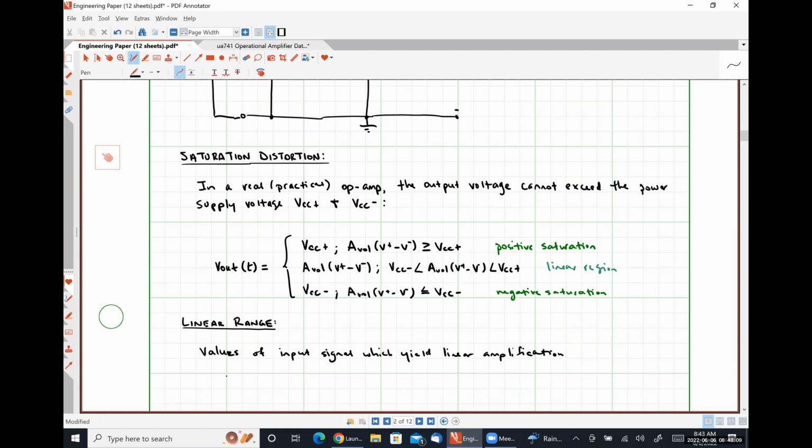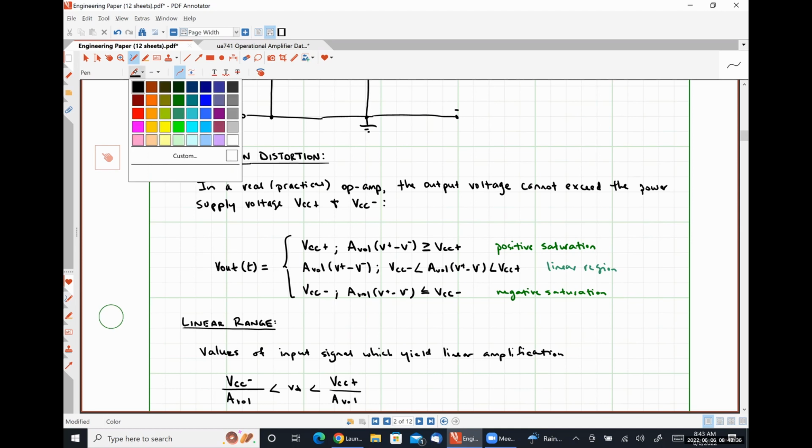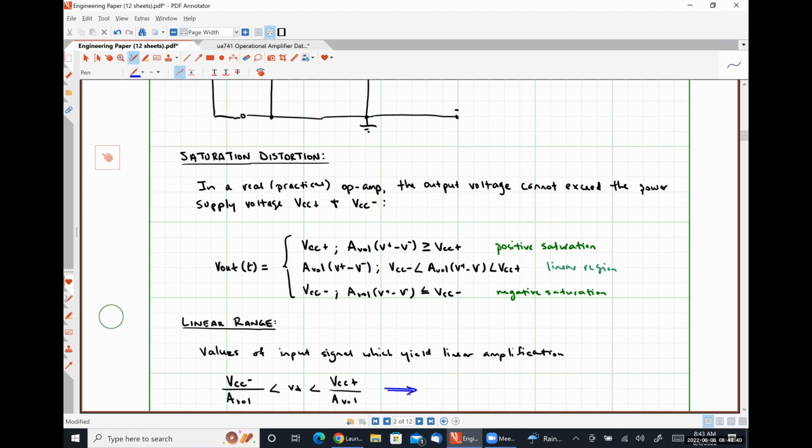Our linear range is defined by VCC minus divided by the open loop gain, AVOL, is less than VD is less than VCC plus divided by AVOL, which for our circuit works out to be a range of negative 100 microvolts is less than VD is less than positive 100 microvolts, meaning that for any differential signal that is greater in magnitude than 100 microvolts, we will push this amplifier into a saturation region of operation.